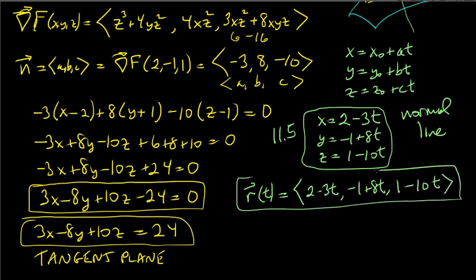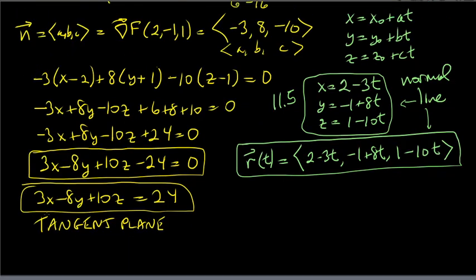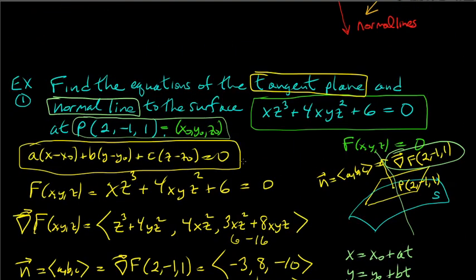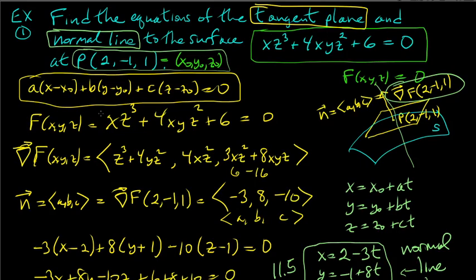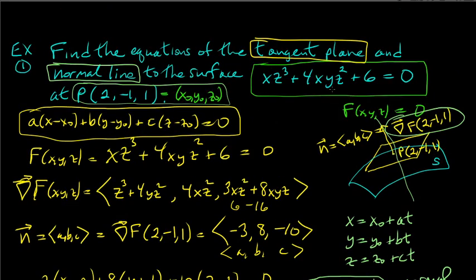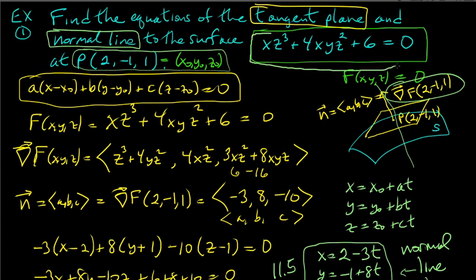So either way is fine. Both represent the equations of the normal line. So you have your tangent plane, you have your normal line, and that answers the question. So it's very reasonable to ask, given a surface like this, find the tangent plane and normal line at a given point.